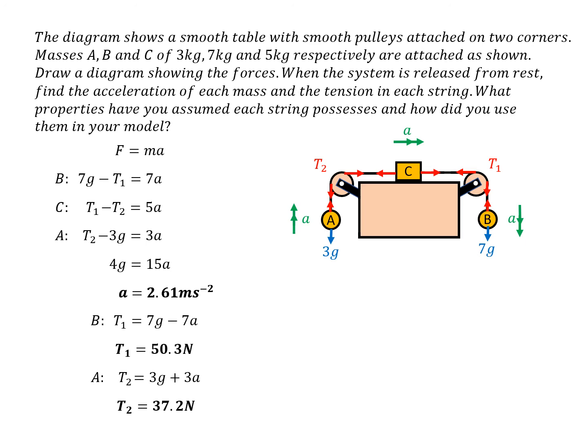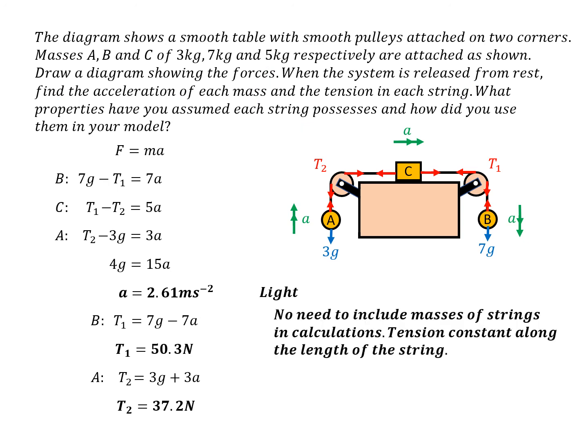So there we are. Have we finished? We've found the acceleration of each mass. We found the tension in each string. What properties have we assumed each string possesses? Well, we've assumed that they are light, which means that we don't have to include the masses of the strings in our calculations.